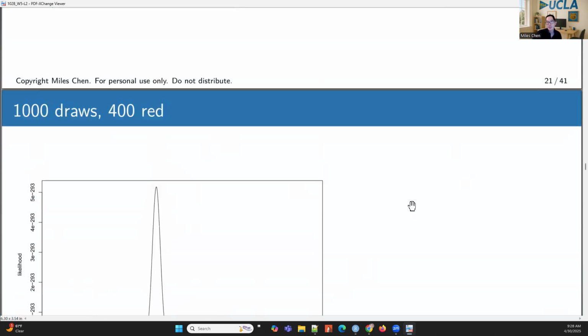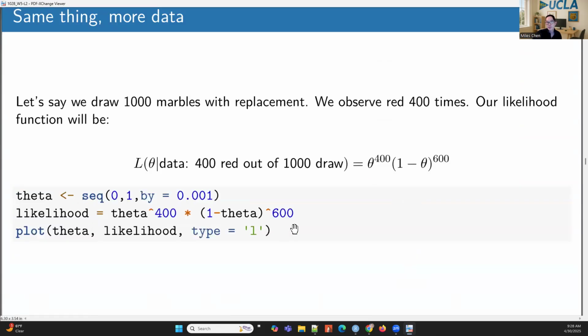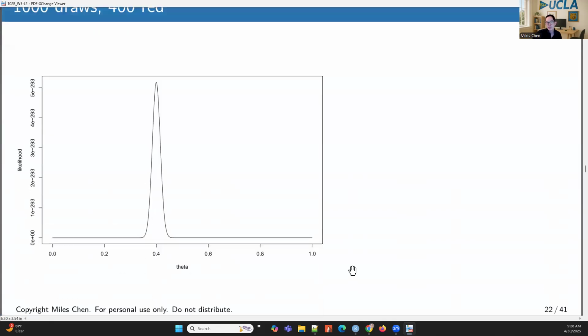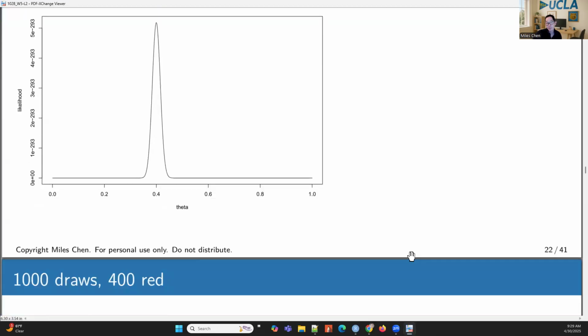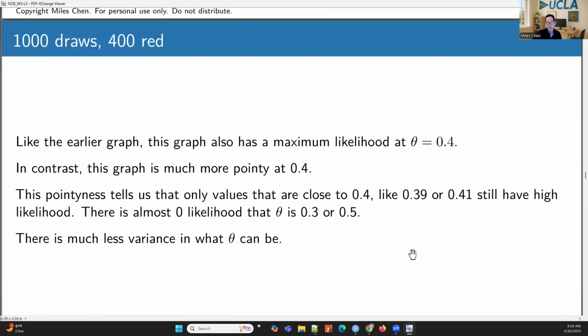But now, because I've observed so many observations, the likelihood says, yeah, you know what? 0.5 doesn't make sense. 0.6 doesn't make sense. The only values that really make sense would be 0.4, maybe 0.41, maybe 0.39, and things like that. Okay.